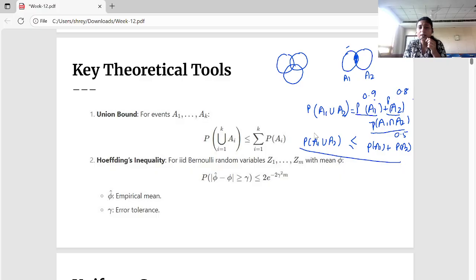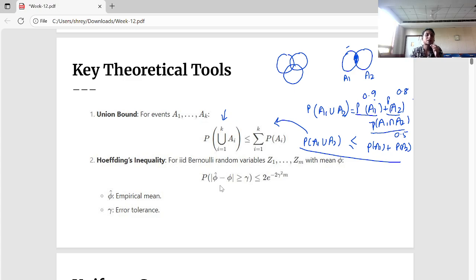This is what is written here also. What we can say is that the probability of the union of all events is not equal to the simple summation, but less than or equal to the summation of individual probabilities. Why is it less than? Because this union will consist of some subtraction of their intersection parts as well.